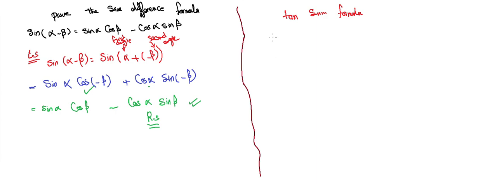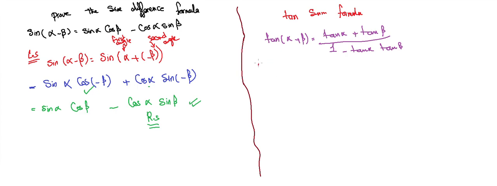Okay, tan sum formula. The rule says tan(alpha plus beta) equals (tan alpha plus tan beta) over (1 minus tan alpha tan beta). Again, we are going to start the same story.